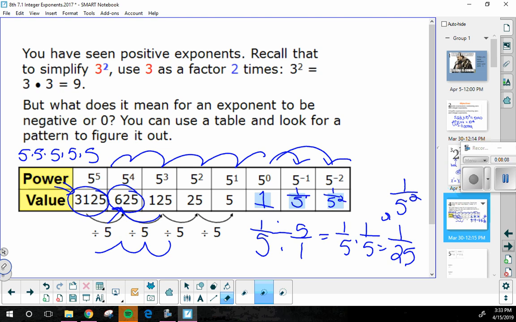So all that to say, when I have a negative exponent, all I do is move it and put it under a 1 and change the exponent to positive.